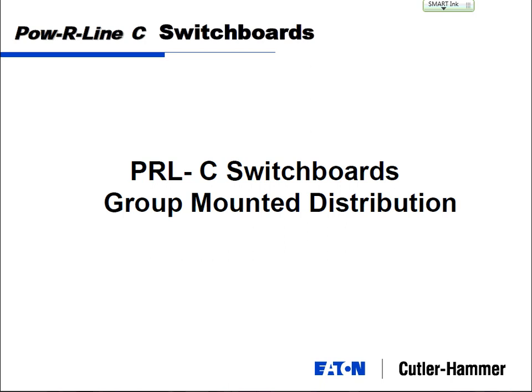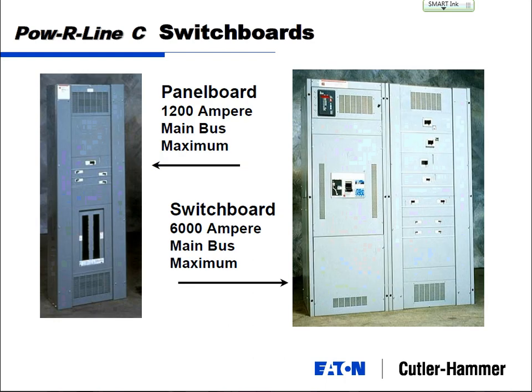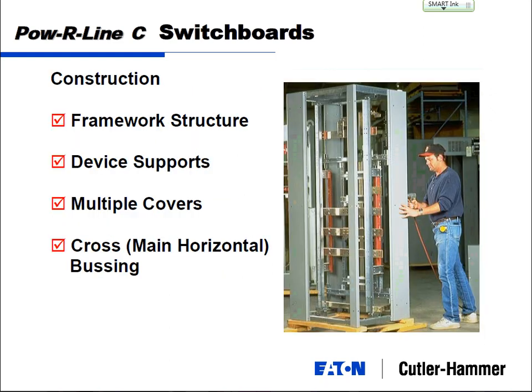So a lot of the stuff for switchboards is going to be the same. But pointing out the big difference here. Panel boards, you're limited to 1200 amps. Switchboards go all the way up to 6000 amps. So that's the big distinction there. The panel board I mentioned hangs on the wall or sits on the floor and is bolted to the wall.